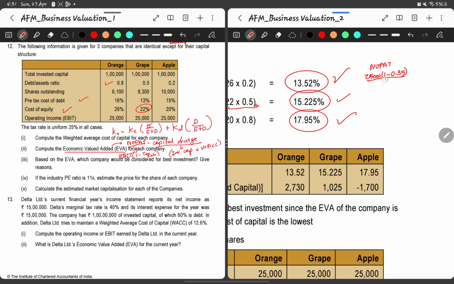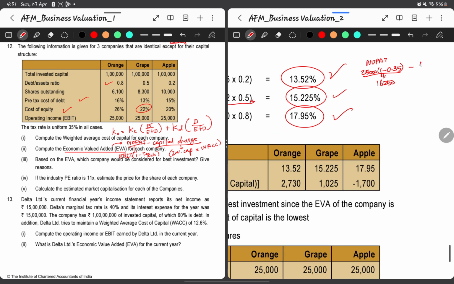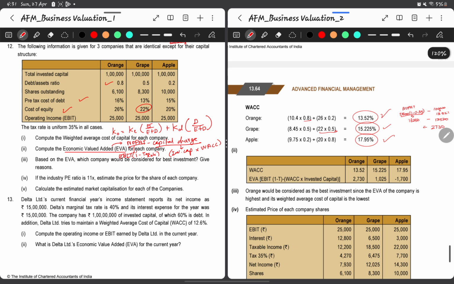This is the NOPAT, which is nothing but 16,250, minus the invested capital multiplied by the cost of capital, 13,520. 16,250 minus 13,520 is 2,730. So that's what is economic value added in case of Orange.